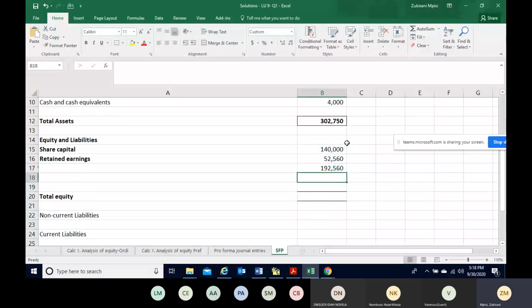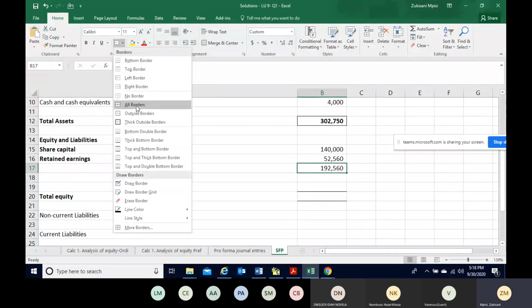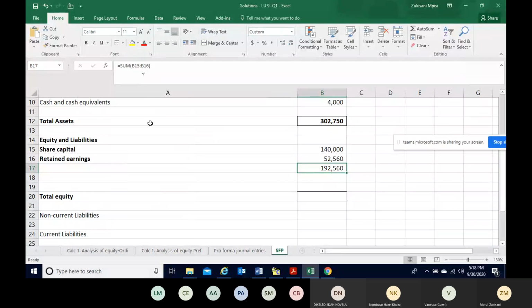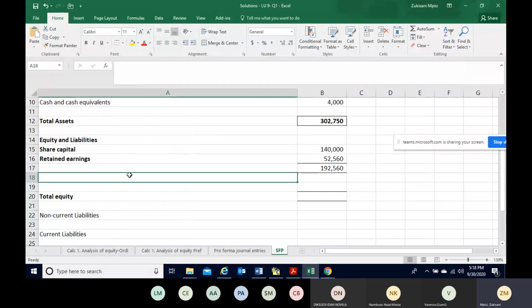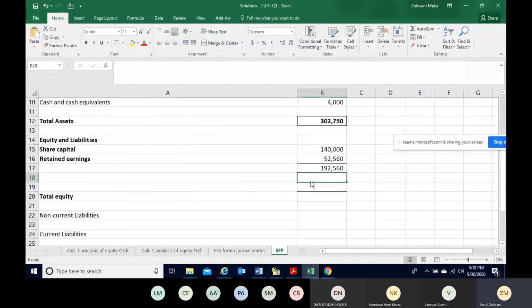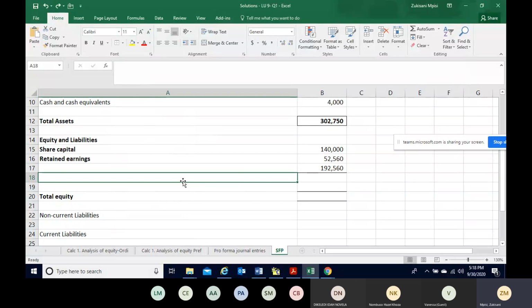Then your total gives you 192,560. Did I do something wrong?